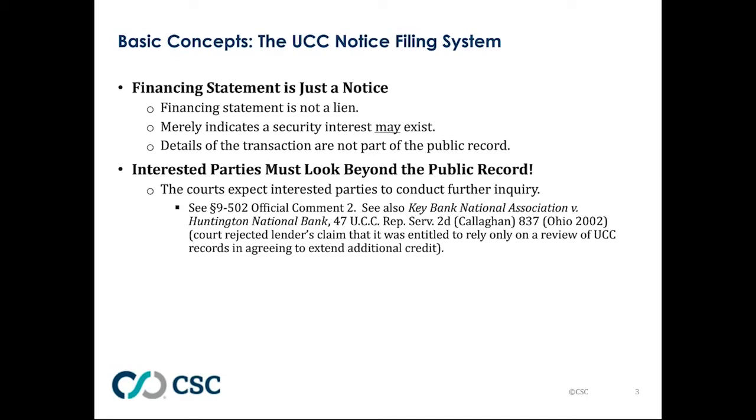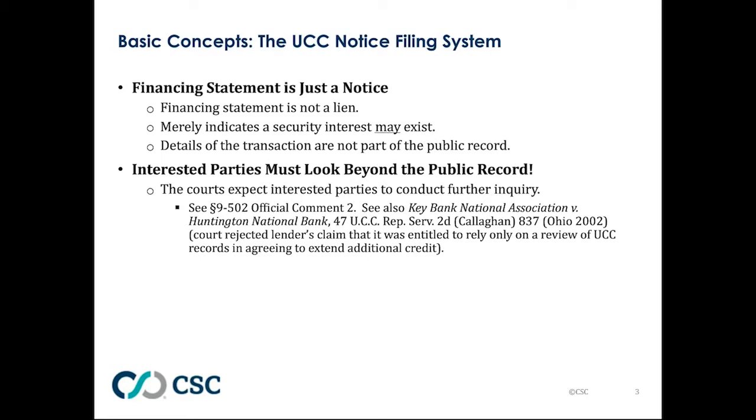When the debtor defaulted, Key Bank argued that Huntington wasn't entitled to purchase money priority because they didn't describe the specific equipment, and therefore Key had no knowledge of what was claimed to be part of this purchase money transaction.